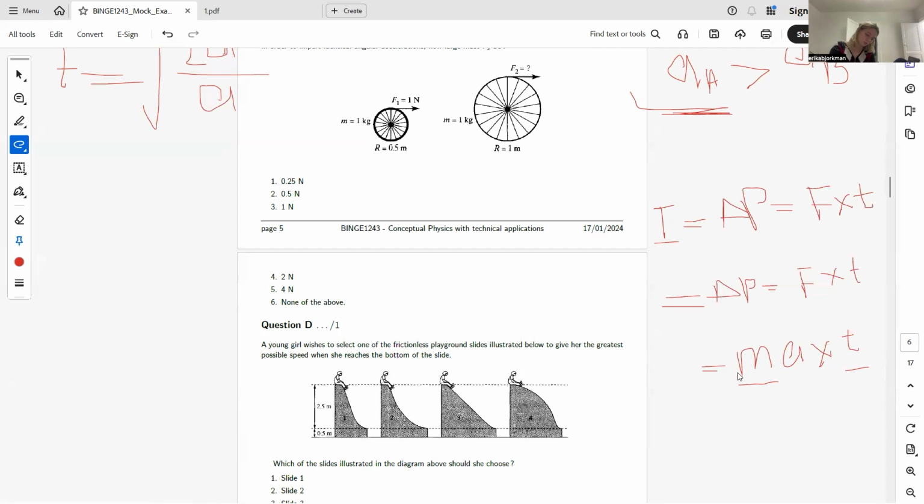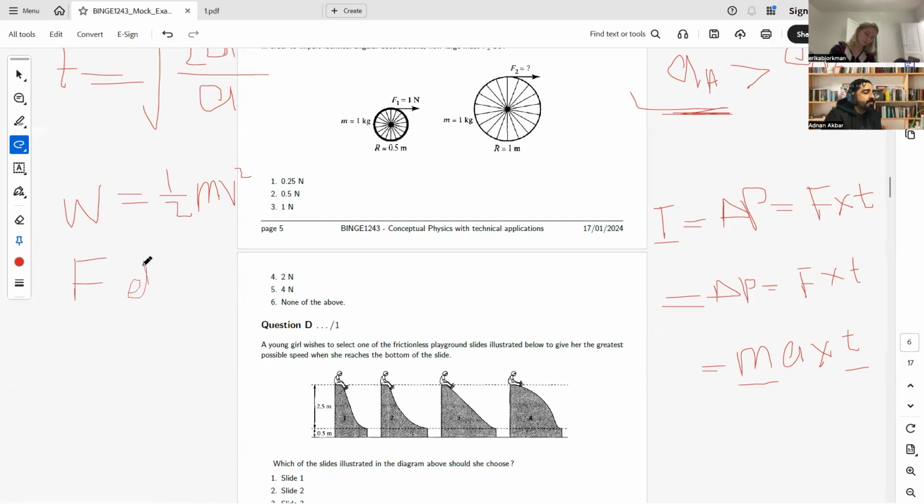But we can prove it by using another equation. According to the work energy theorem, net work done is equal to change in kinetic energy. As they were initially at rest, I am using only the final term, half m v square. Work done is the product of force and displacement, which is equal to half m v square.